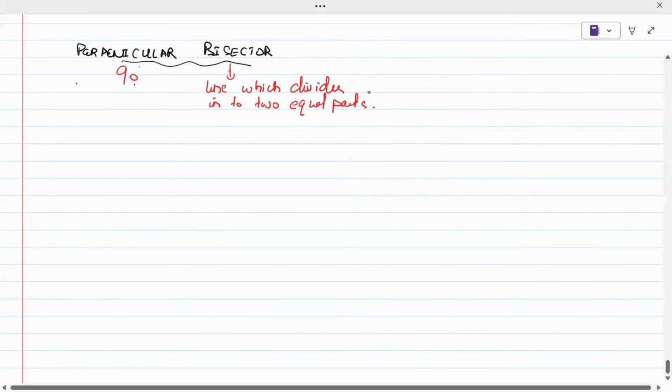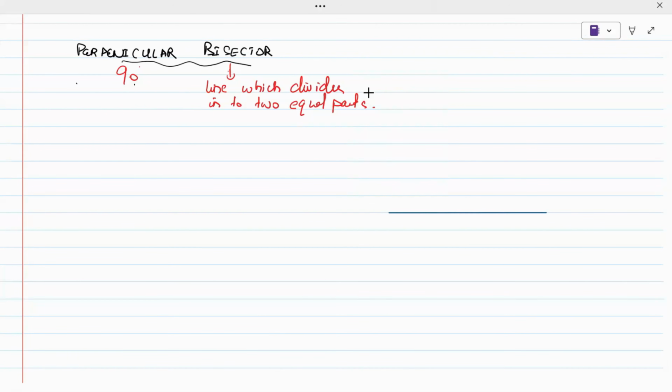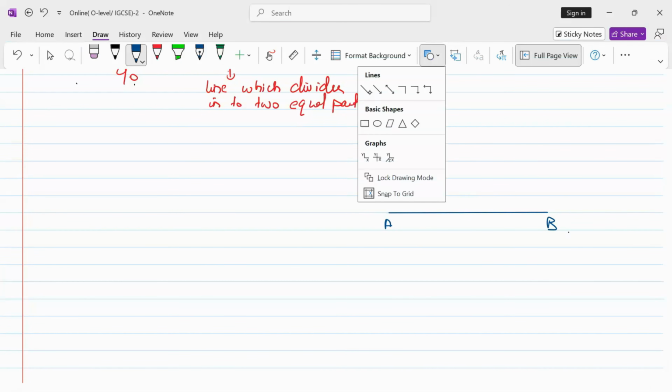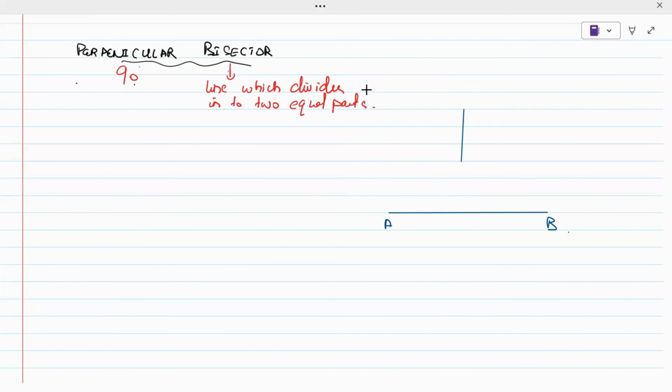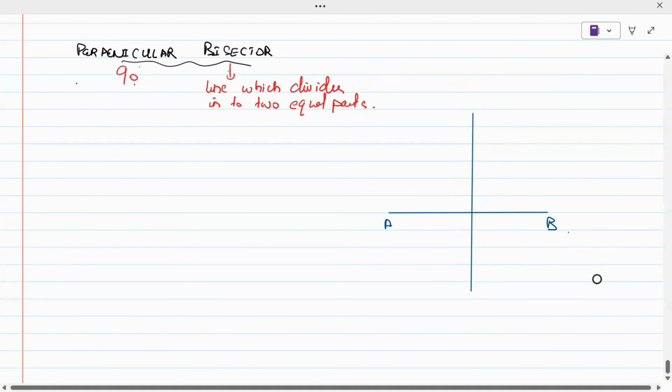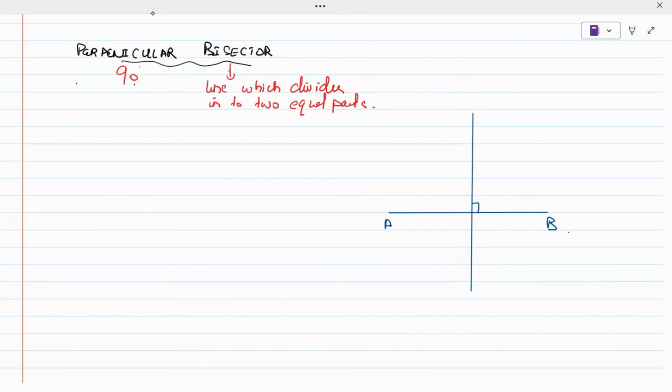If, for example, we have 2 points with us, A and B, and we have to find the equation of the perpendicular bisector of AB. The perpendicular bisector has to be a line which is exactly passing through the center and making an angle of 90 degrees also.